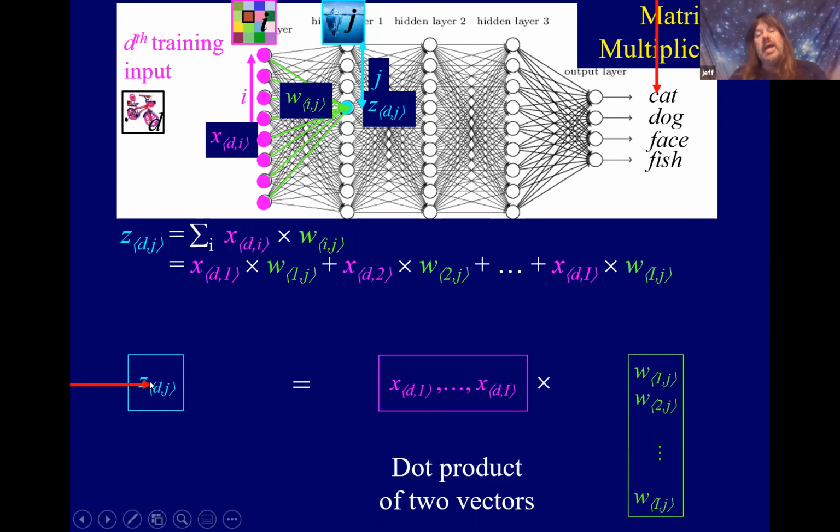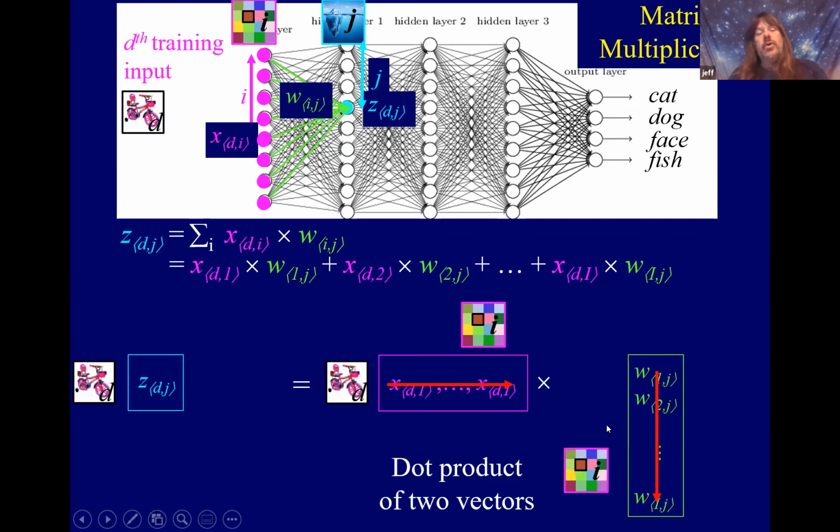What we're summing through is this index i. And let's put in our other indices. Here, this value is for the dth training data and the jth hidden node. And those are all our indices.